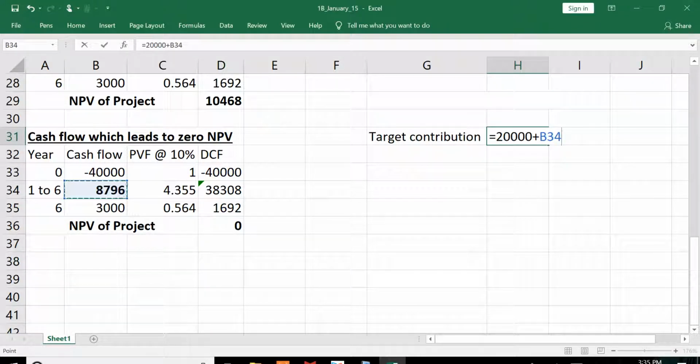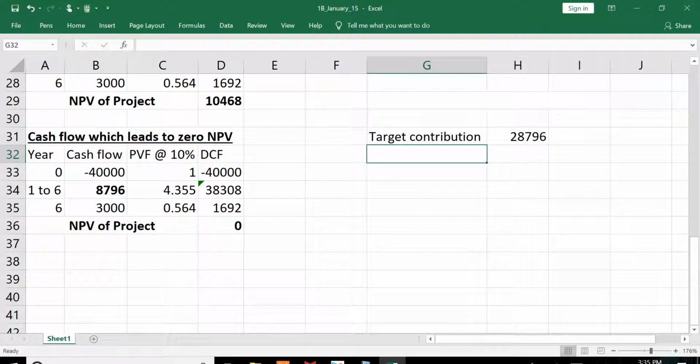I need a profit of 8,796. Fixed cost is 20,000. Hence the target contribution is 28,796.